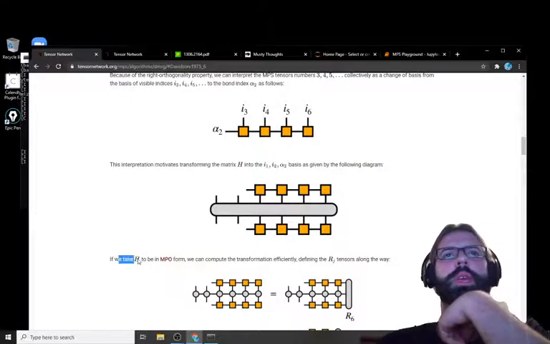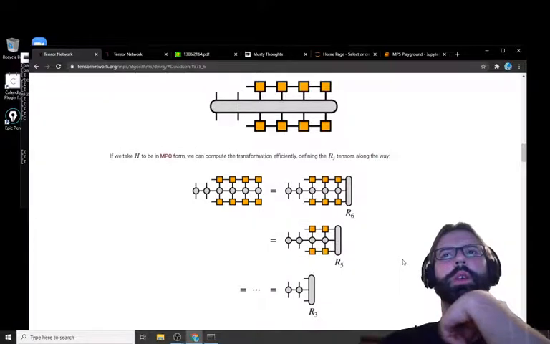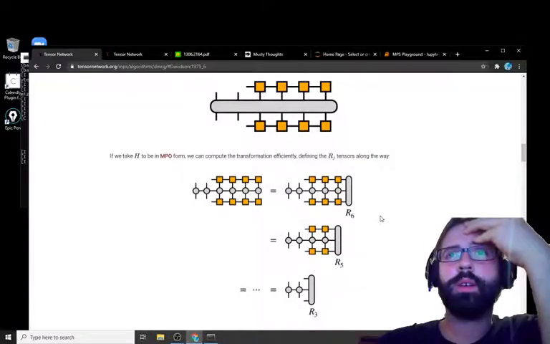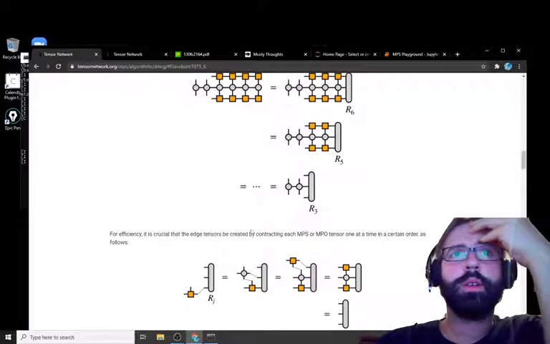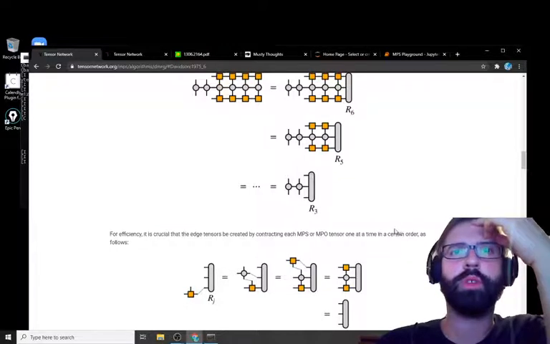If we take H to be in MPO form, we can compute the transformation efficiently, defining the R tensors along the way. For efficiency, it is crucial that the edge tensors be created by contracting each MPS or MPO tensor one at a time in a certain order as follows.